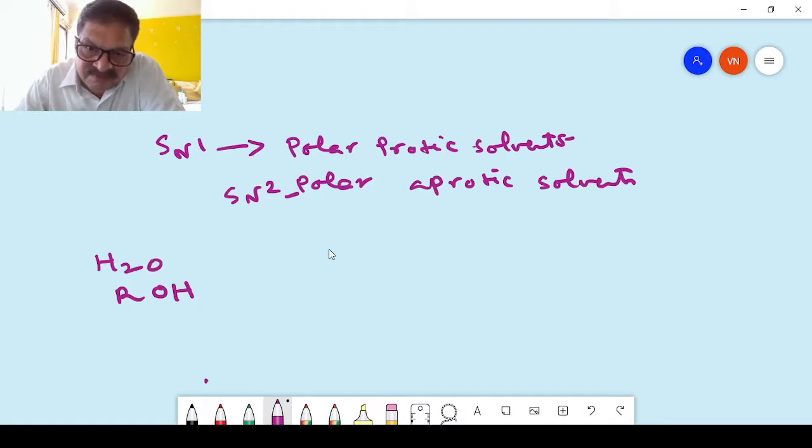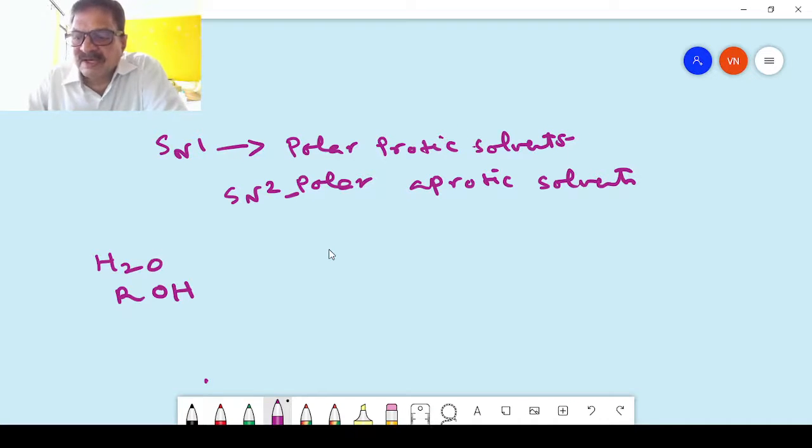This is very important in the Sn1 mechanism, because it is a two-step mechanism. First, in the alkyl halide there is a heterolytic cleavage of the C-X bond, and we get a positively charged carbocation intermediate and a leaving group, Br minus. Therefore, we have two ions, a positively charged cation and a negatively charged anion.